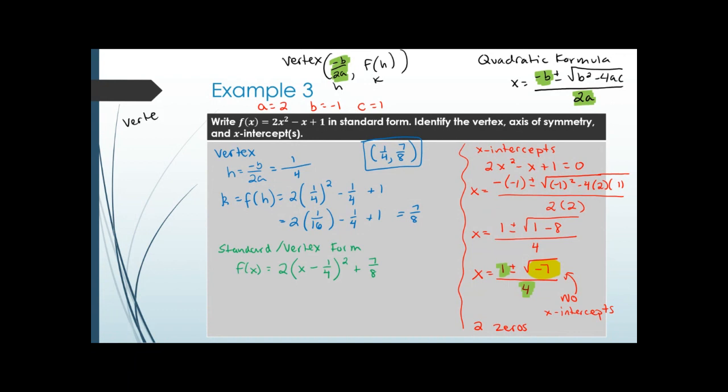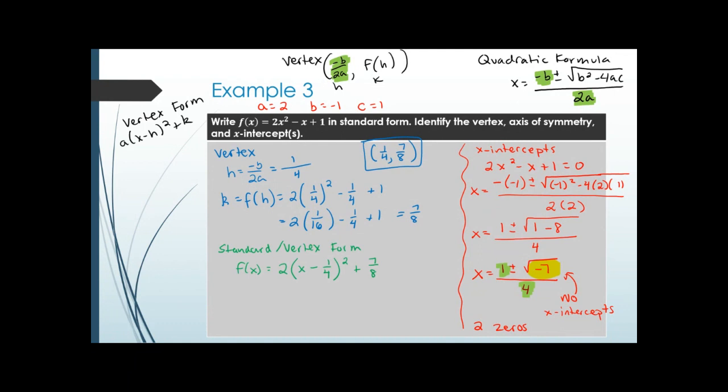So I'm going to write that. It's always good to rewrite the equations over and over again so that you remember and it helps you memorize what they are. So it's a times x minus h squared plus k.